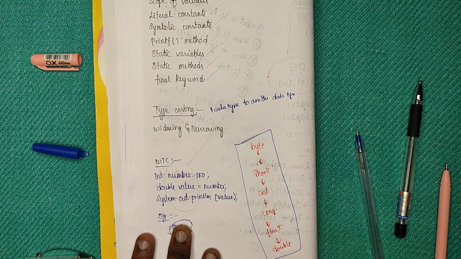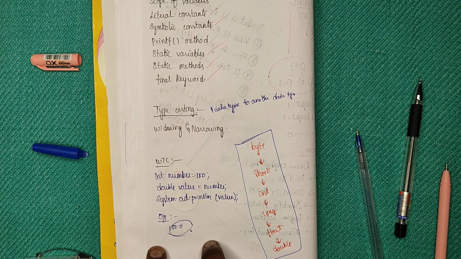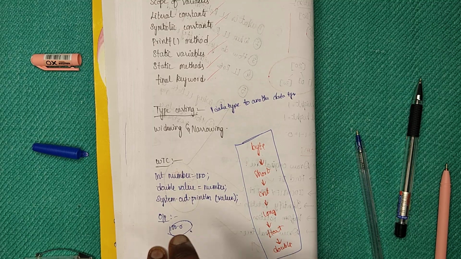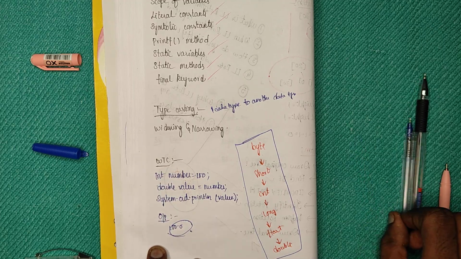Remember this order, this is very important. For example, in the real life example, a small glass to a big bucket, everything fits. So this is widening typecasting. I have written it as WTC, so don't confuse yourself.